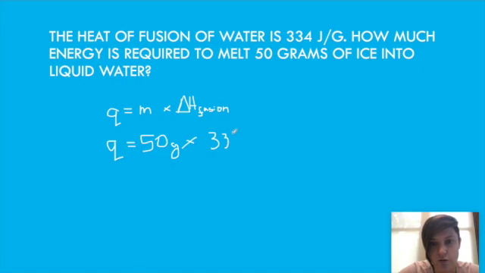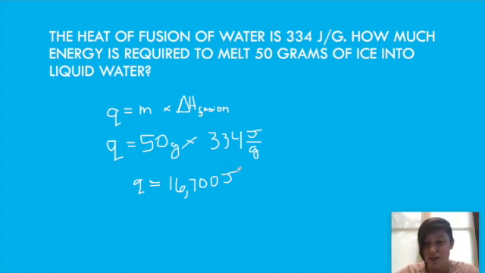We type that into our calculator: 50 times 334 gives us 16,700 joules. So it will take 16,700 joules of heat to completely melt 50 grams of ice into liquid water.